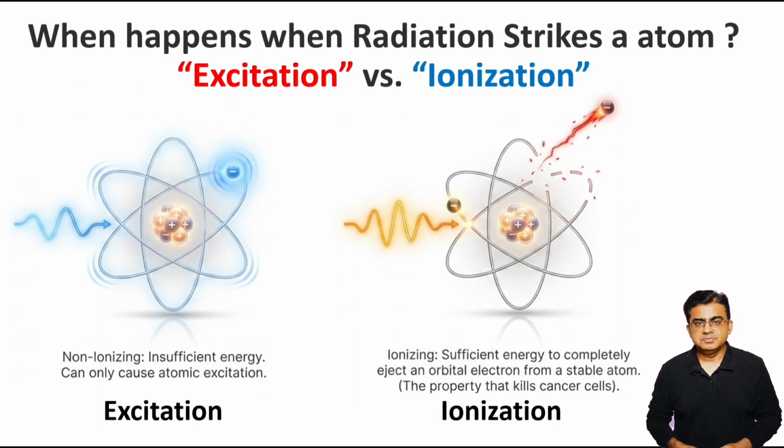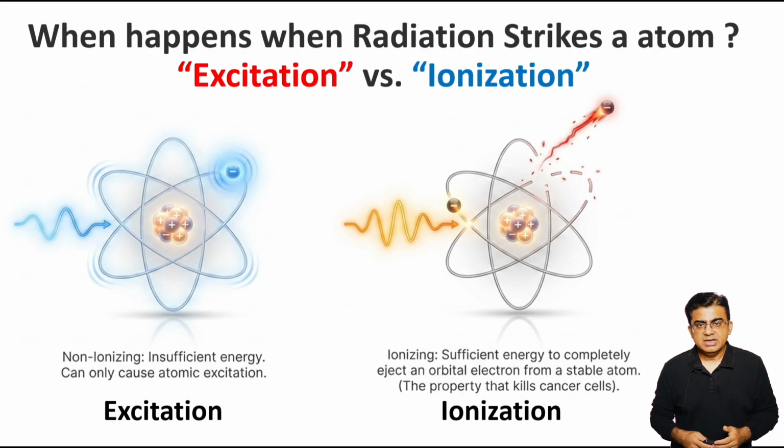Hello friends. Before we go on to see classification of radiation, here is the ultimate clinical question which arises. When this traveling energy finally collides with a human cell, what actually happens inside the atom of this cell?